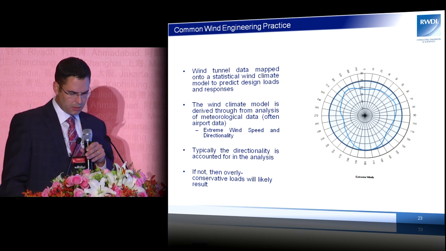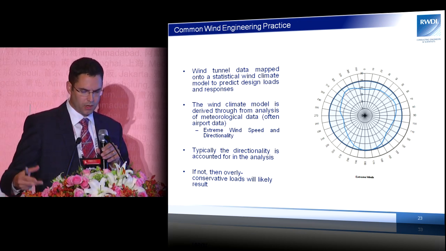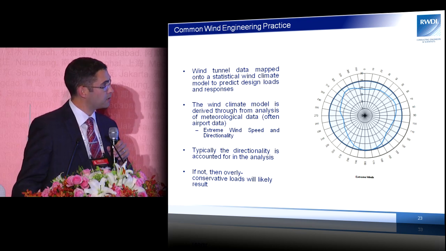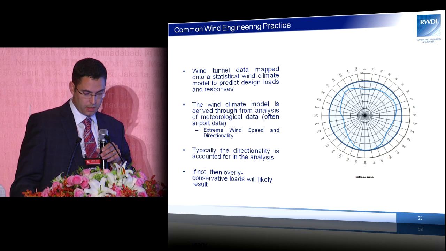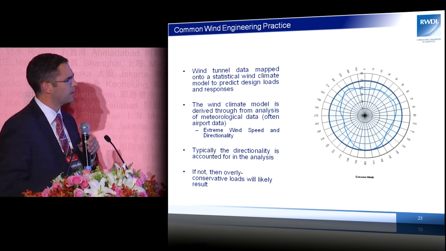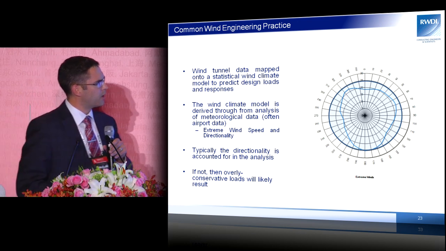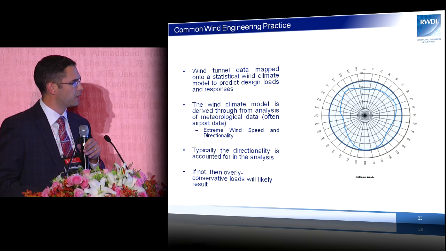So existing practice is that we model the standard model that I showed there with an atmospheric boundary layer, analyze the airport data for wind speed and directionality, and we come up with a wind climate. And then we map that onto the wind tunnel data to make some predictions.